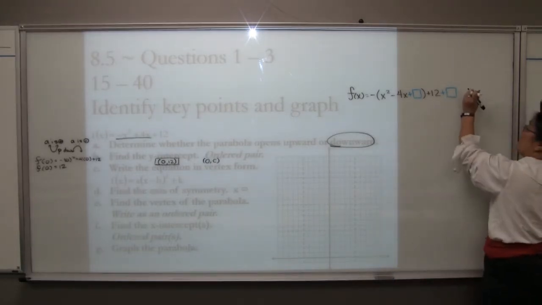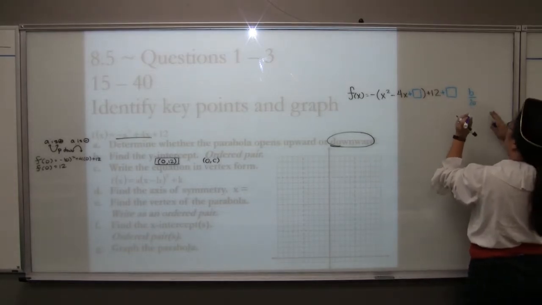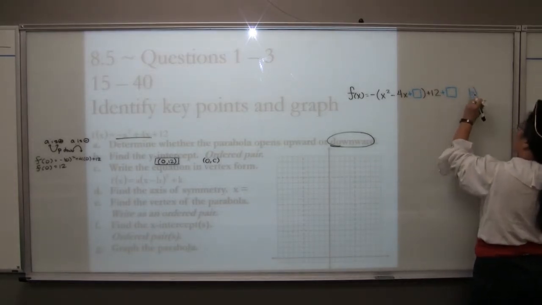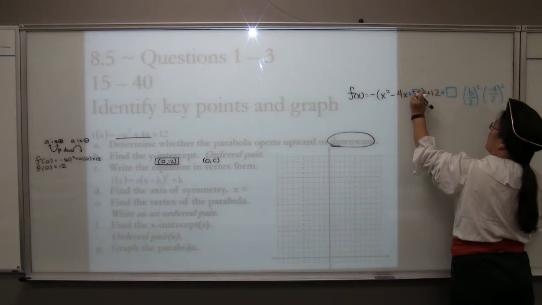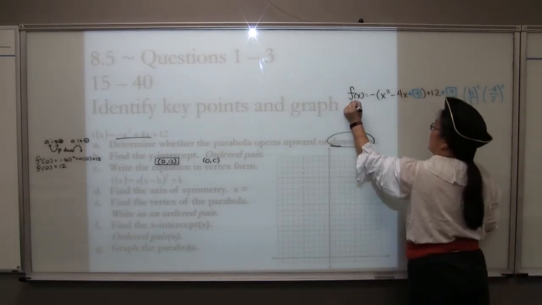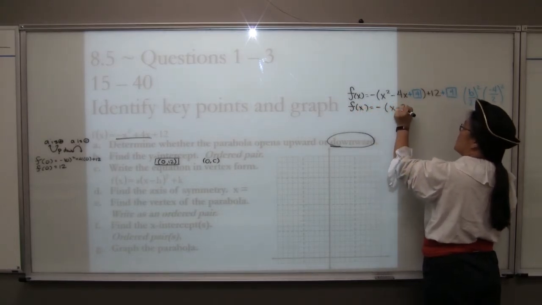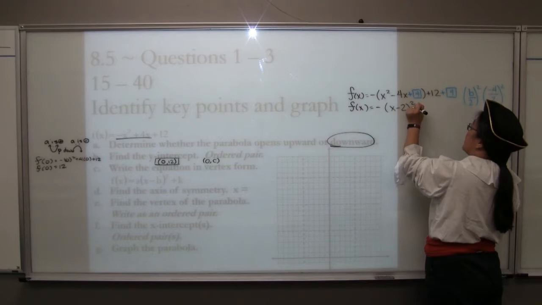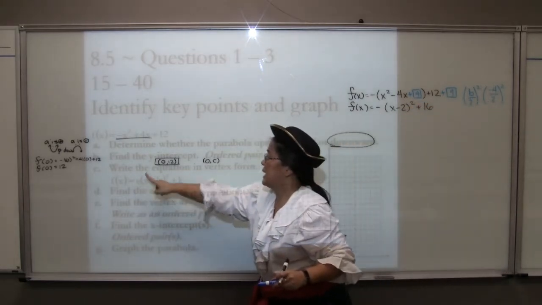We're going to use the formula b divided by 2, the whole thing squared, which is negative 4 divided by 2, the whole thing squared. That will give me a 4 here and a 4 here. Keep the negative in the front, factor that as x minus 2 squared, add and subtract, and you will get 16.